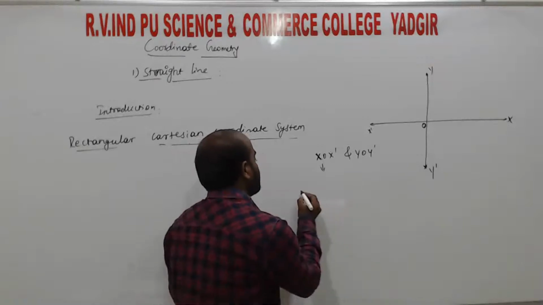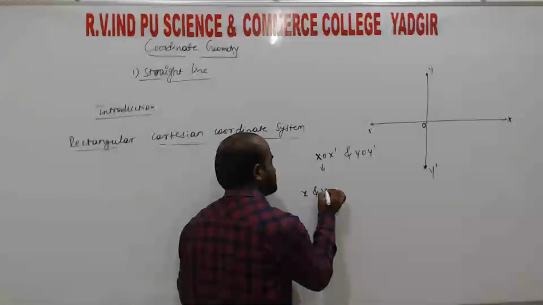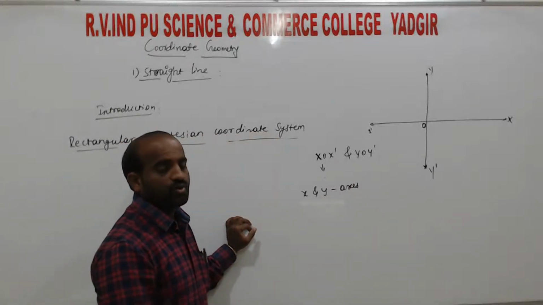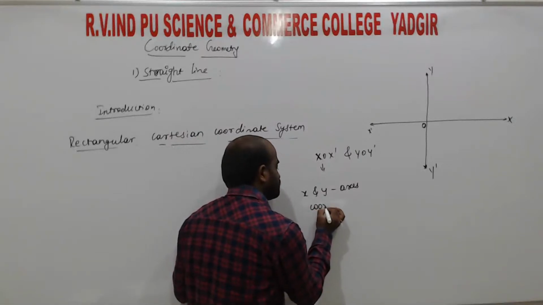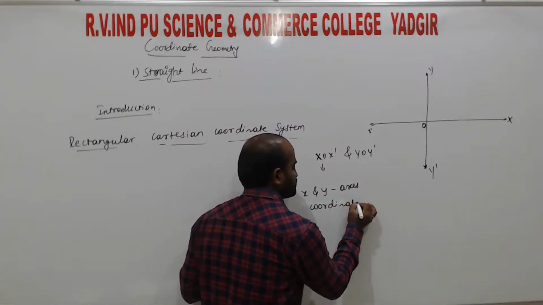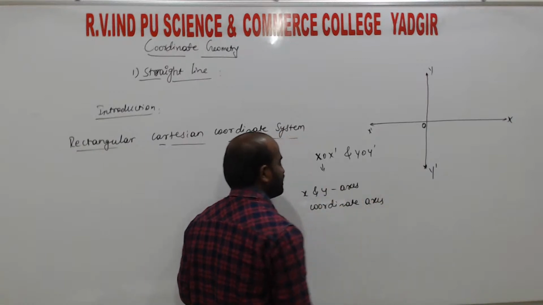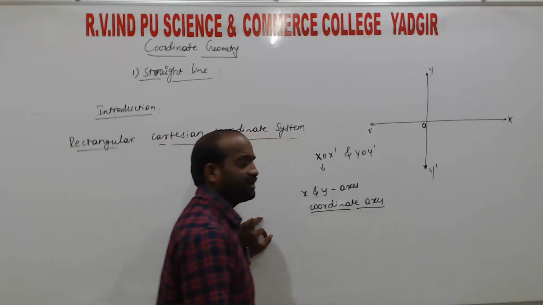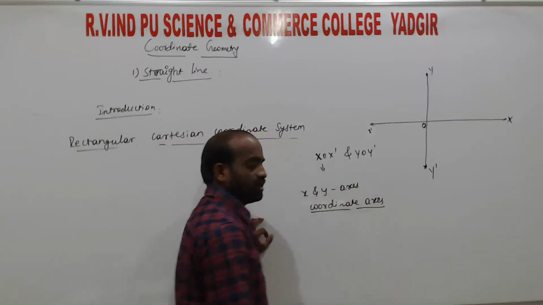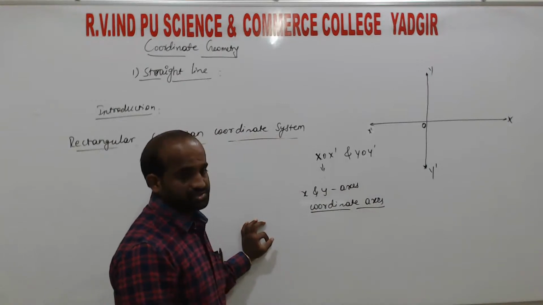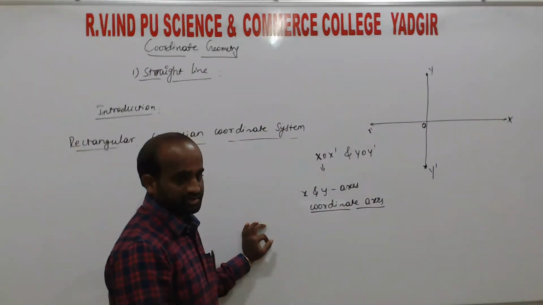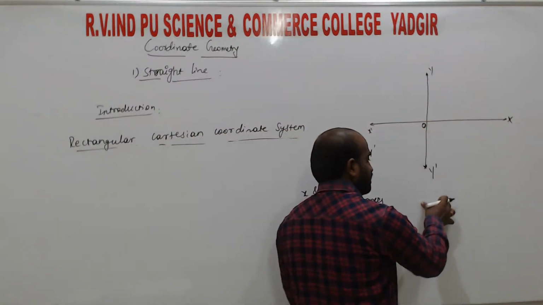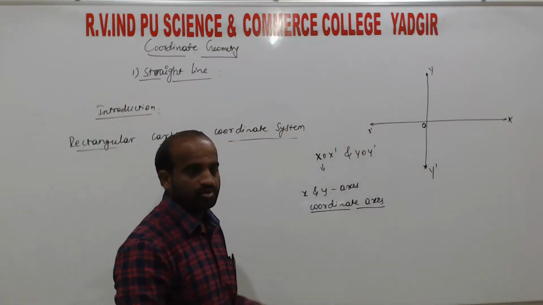The x and y axes are called coordinate axes. XY plane, coordinate plane, and Cartesian plane all have the same meaning.